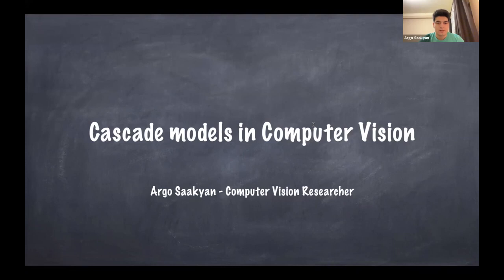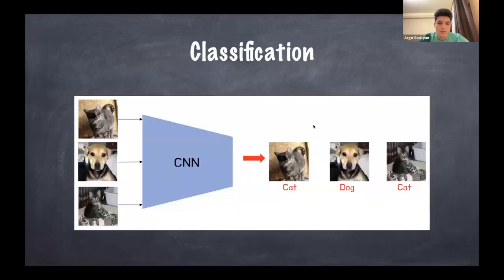Hello everyone. My name is Argo, and I'm going to talk about a cool little technique in computer vision, and we will discuss different real cases where you can use this technique. But let's start with basics. Computer vision is, generally speaking, when we use an algorithm to analyze an image. That's pretty obvious. And in our case, we're going to talk about deep learning and neural networks for image processing.